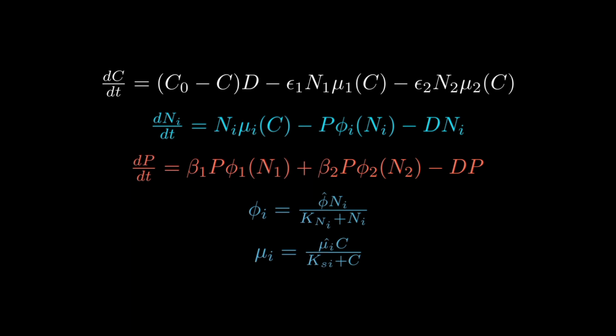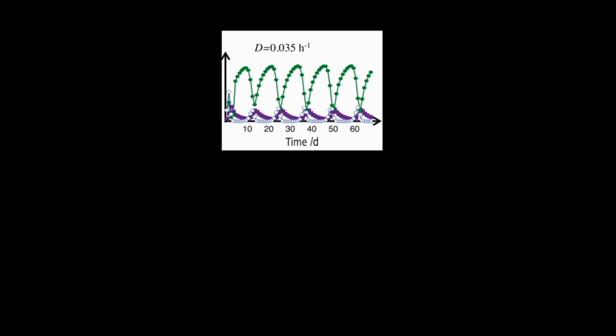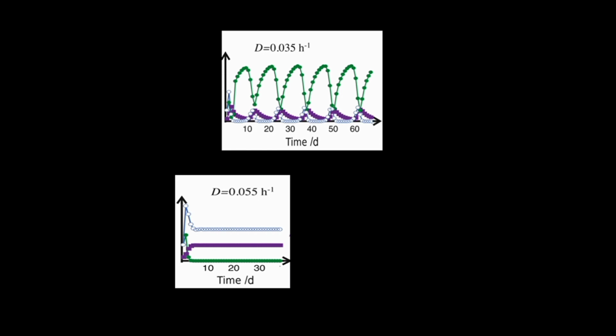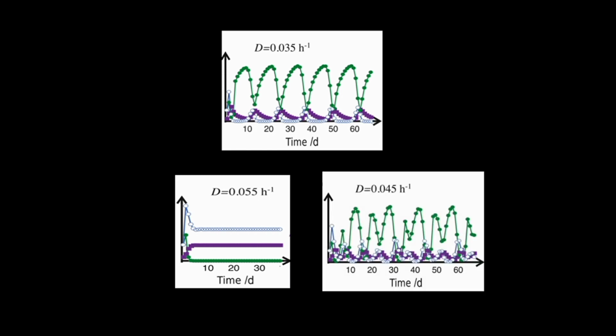Apart from the dilution rate and nutrient concentration, all the other parameters are predetermined as they represent biological properties. For the case when D equals 0.035 per hour, the population versus time plot shows periodic oscillations. When D equals 0.055 per hour, we get a situation where the populations reach an equilibrium. However, when D equals 0.045 per hour, the plot seems random.